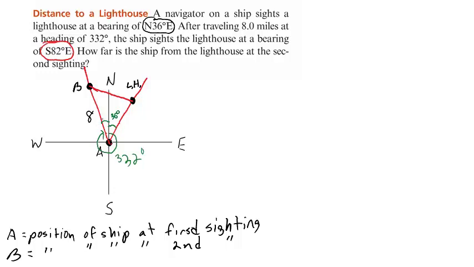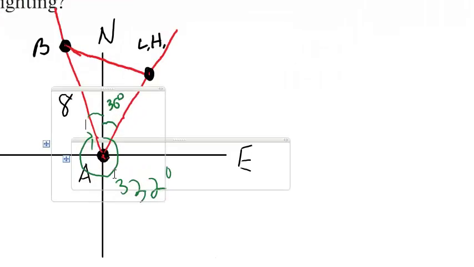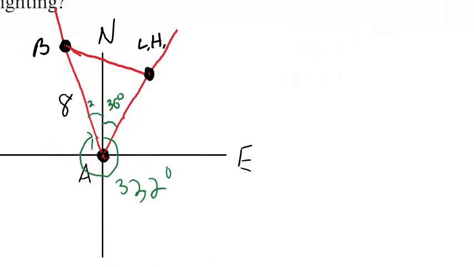So would you agree that this little angle in here would be 28? So let me zoom in. Okay, so this would be 28 degrees right there. Everybody see that? So if I just add 28 plus 36, I've already got angle A, don't I? I'm good to go there.